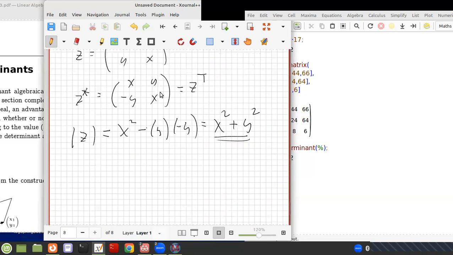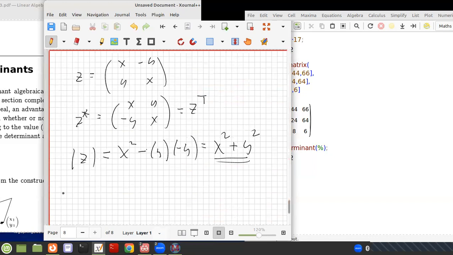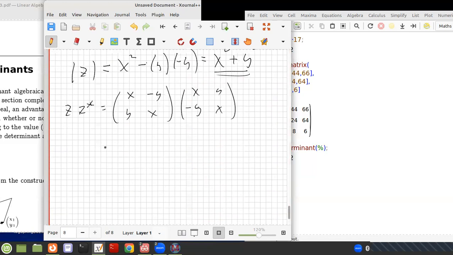So, and then you can sort of see that if I take Z times Z star, which is the matrix (x, minus y, y, x) times its transpose (x, y, minus y, x), then that's going to equal x squared plus y squared on the diagonal, and then xy minus xy, and then yx minus yx, and then y squared plus x squared.